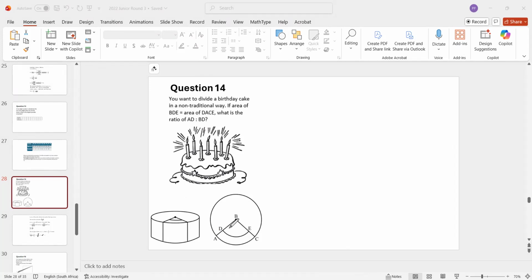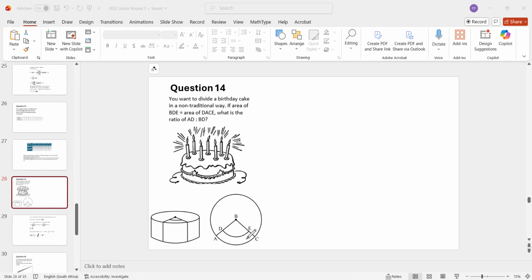But now you want to draw a circular cut at the top. I don't know what kind of instrument you would use to cut this thing right through, but whatever it is, mathematicians set all kinds of problems.